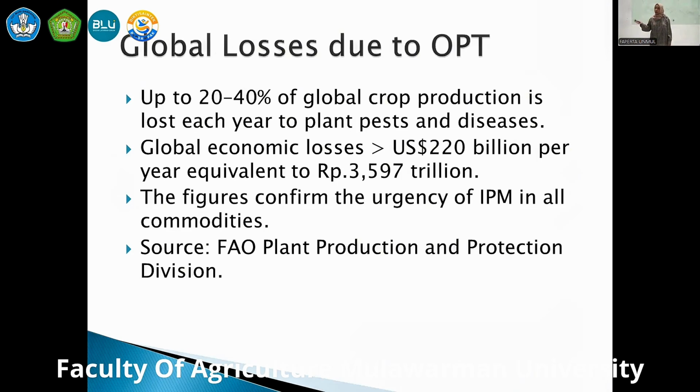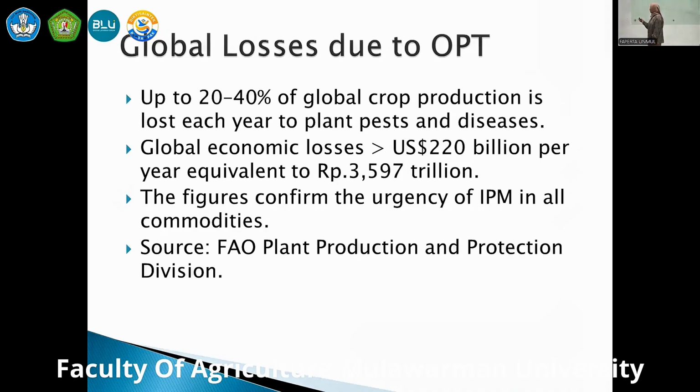Every year we lose that amount. That's a huge amount of money. The figures confirm that IPM is really important. Again, IPM is integrated: not only one control strategy, but incorporated with other strategies, at least two strategies, but there are others. Okay?